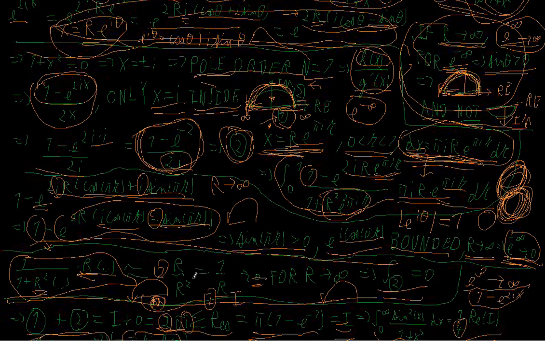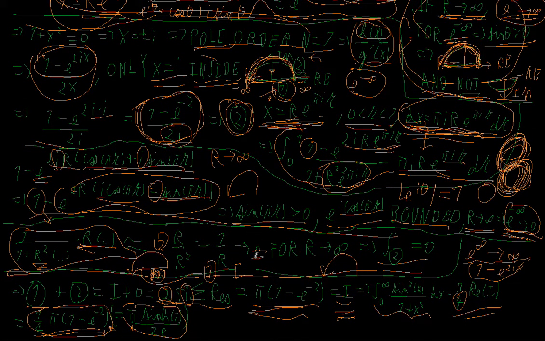And so we get roughly r over r squared, so 1 over r, which will tend to 0 for r toward infinity. Remember, the radius is always positive, because a radius is a geometrical distance, and the geometrical distance is always positive. So we proved that the contour integral along part number 2, the circular half circle in the upper half plane, goes to 0, and then we can use the residue theorem.